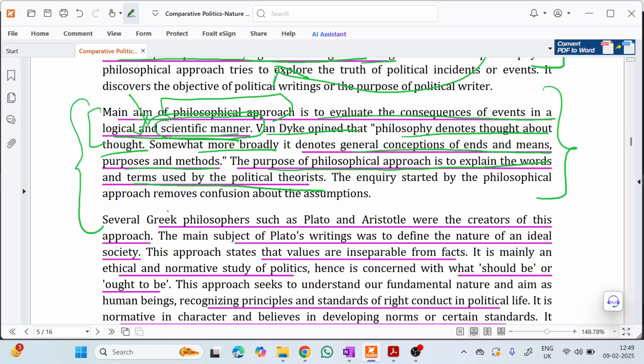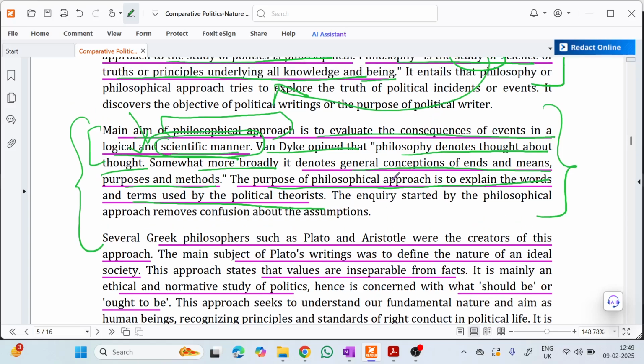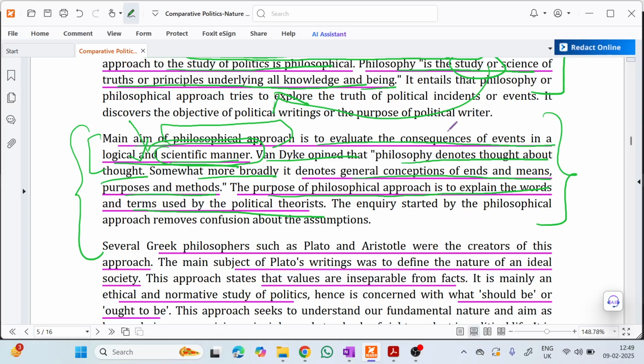But then, the key difference lies in what part of political activity is being studied. The philosophical approach studied the consequences of events, whereas modern comparative politics studies all kinds of political activity from beginning to end in an objective and unbiased way.